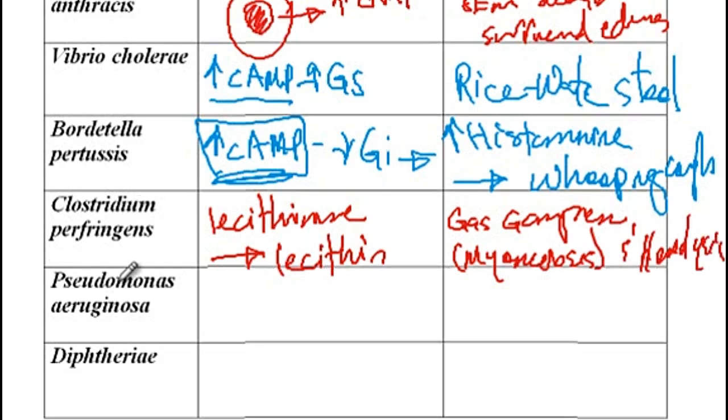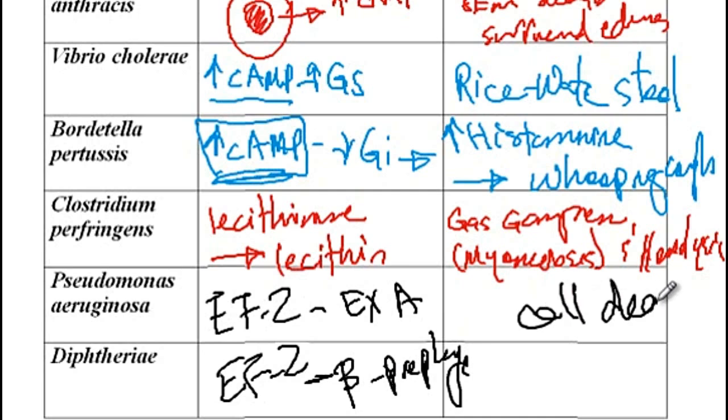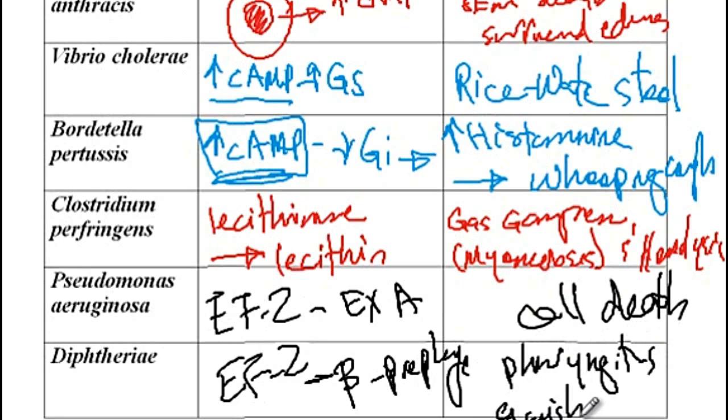The next two bacteria, Pseudomonas and diphtheria, both of them work by inactivating the elongation factor 2, and Pseudomonas does that by producing exotoxin A, while diphtheria does that by producing an exotoxin that has been acquired from beta prophage. And then Pseudomonas causes cell death, while diphtheria presents with pharyngitis, as well as a grayish pharyngeal exudate.